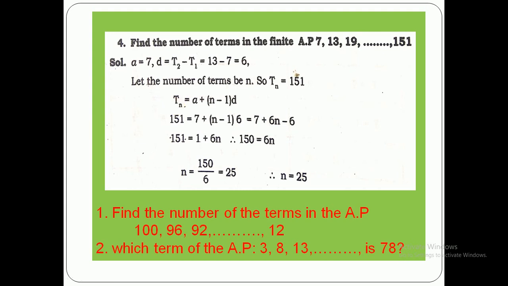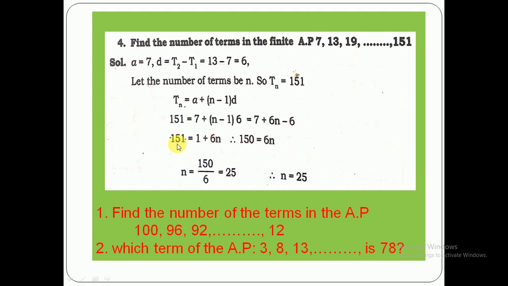So the general term formula is an is equal to a plus n minus 1 into d. Okay. So in place of an or tn, we substitute 151, which is equal to 7 plus n minus 1 into 6. After simplification, 6 into n is 6n, and minus 6 into 1 is 6.